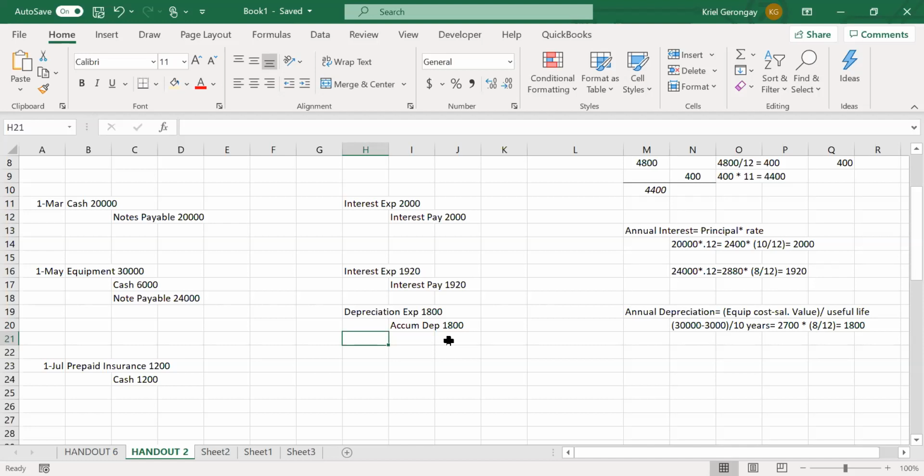I'm pretty sure that on your exam, if there is a salvage value, it will be indicated in the problem. If you read the May 1st initial transaction, it says that the office equipment is expected to have a useful life of 10 years and a salvage value of 3,000. So you always want to reduce your salvage value before calculating your annual depreciation. Okay, thank you.